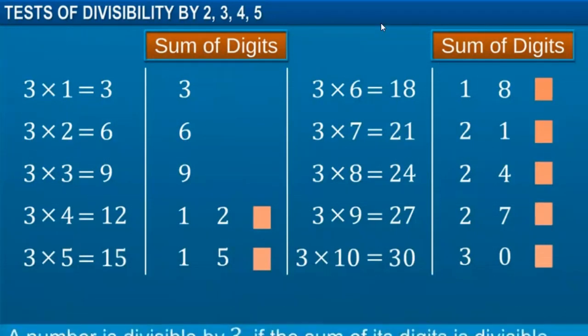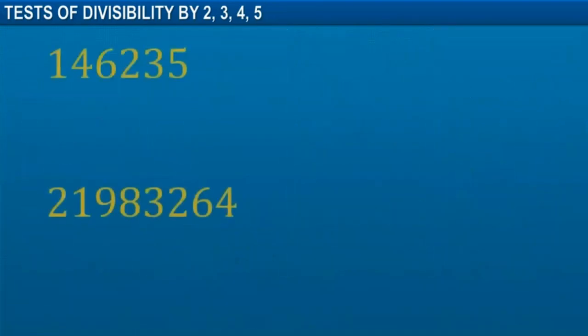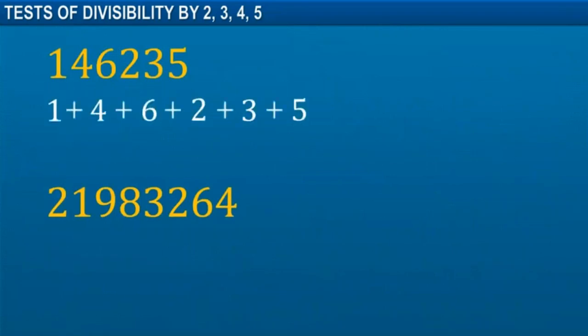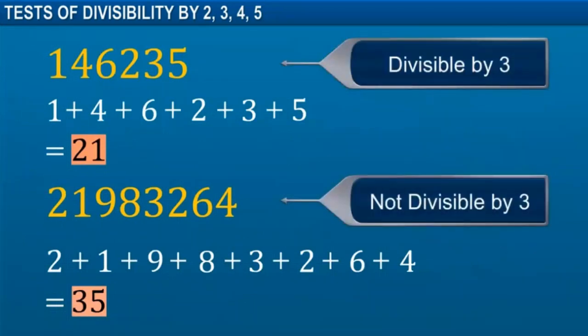Thus, if the sum of the digits of a number is divisible by 3, then the number is divisible by 3. Thus, to test the divisibility of a number by 3, find the sum of its digits. If the sum is divisible by 3, only then the given number is divisible by 3.